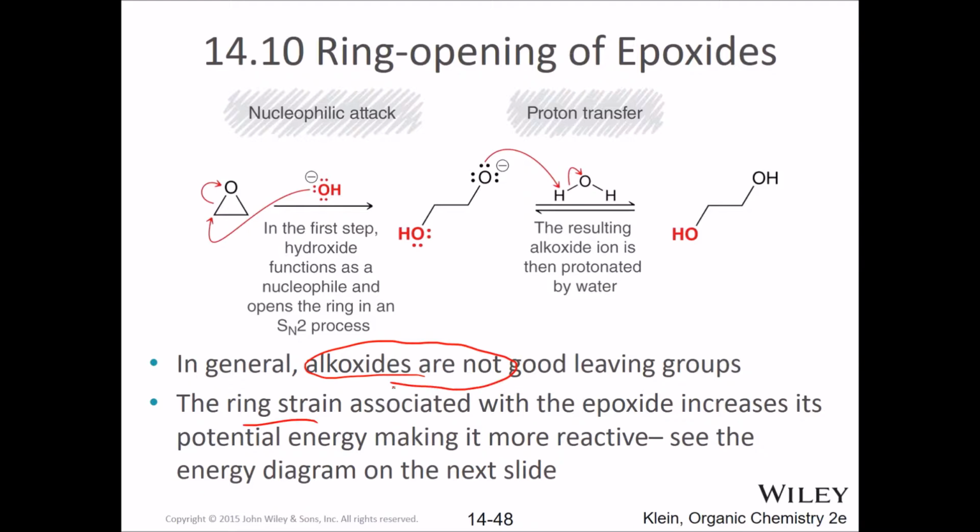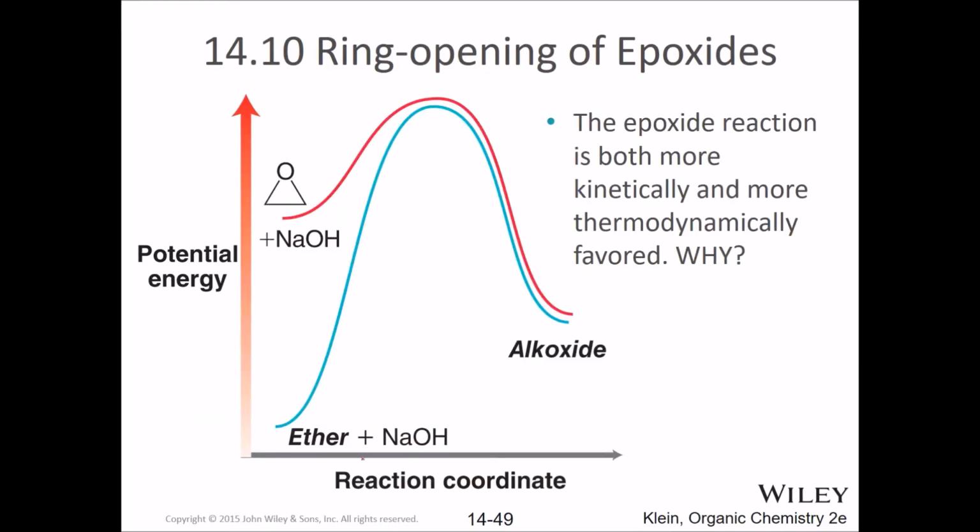But the ring strain associated with the epoxide increases its potential energy. In other words, it's already too high in energy, and so it makes it more reactive. So let's look at this energy diagram. An ether looks like this, and an epoxide looks kind of the same, right? You see the similarity there? Except these ethers go off other places.